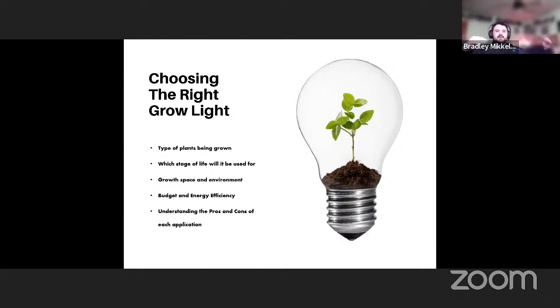And really, determining these factors is a matter of talking to whoever you're purchasing your grow lights from if you're not familiar with it, and having them get a clear understanding of what you're trying to achieve so they can make the proper recommendations.